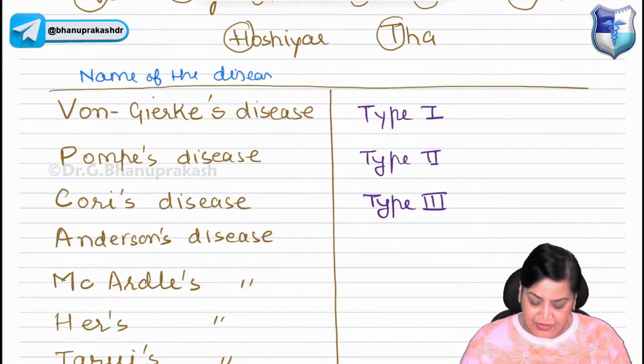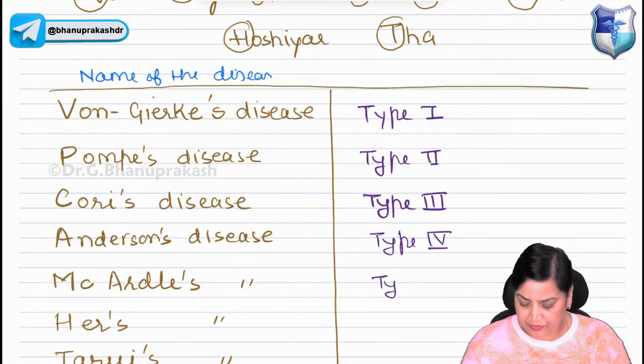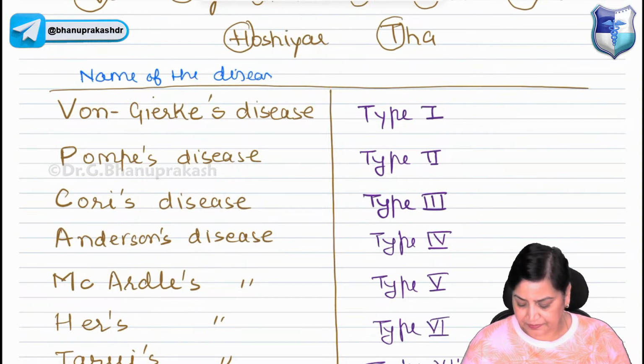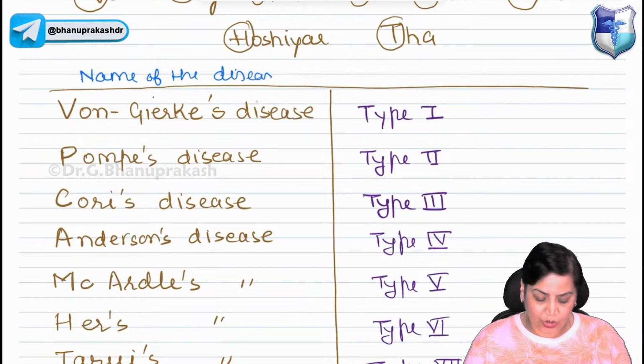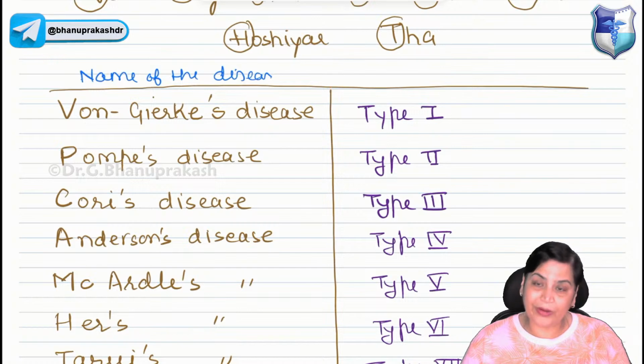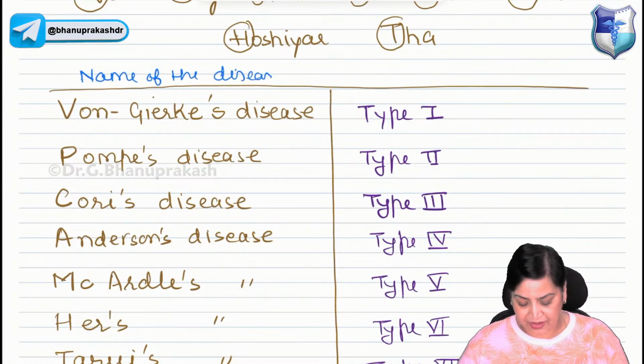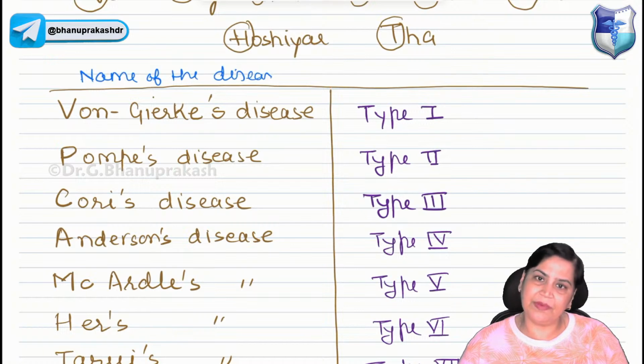Right? Then we come over to Anderson's. It is type 4, type 5, type 6 and type 7. So this is how we term them. Von Gierke's is type 1, Pompey's type 2, Cori's type 3, Anderson's type 4, McArdle's type 5, Her's type 6, Tarui's type 7.